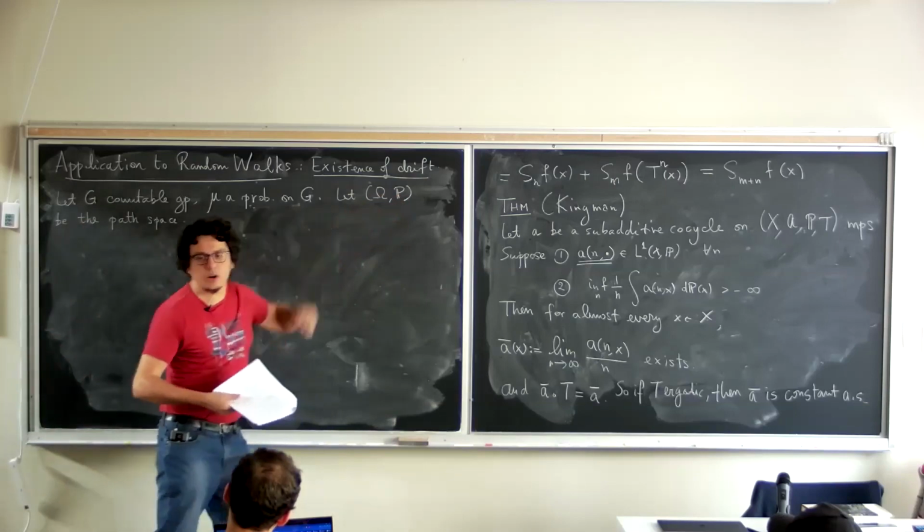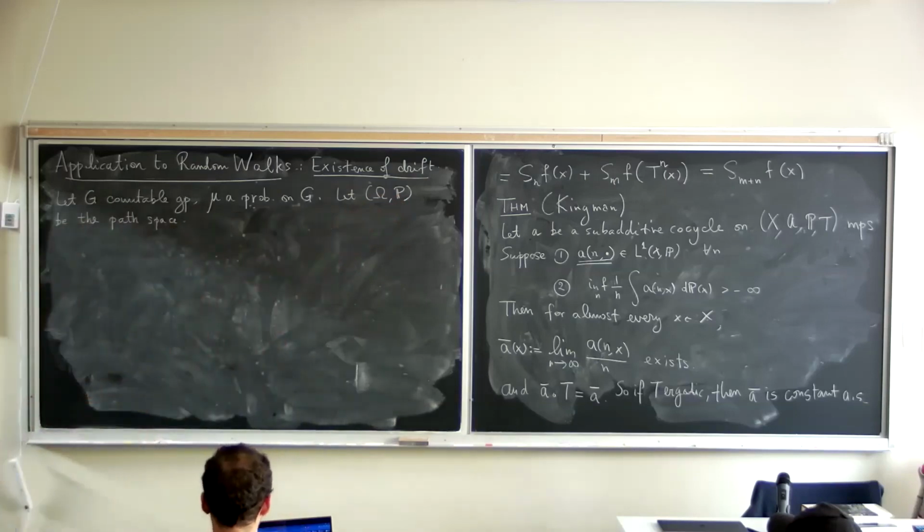And P is the natural probability distribution that expresses the fact that you're actually doing this random walk.